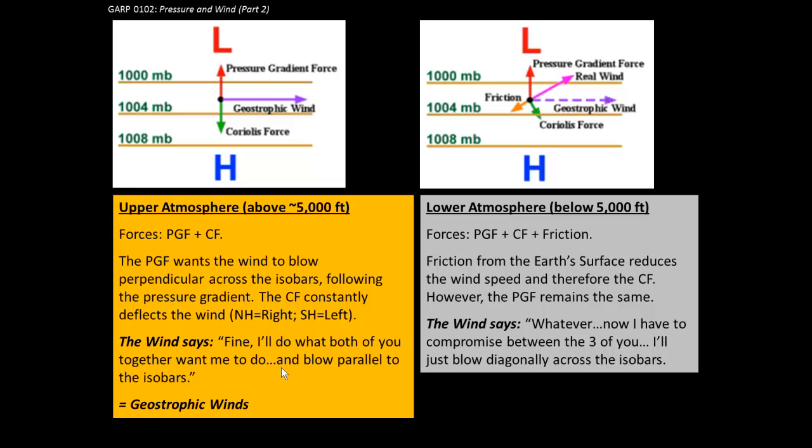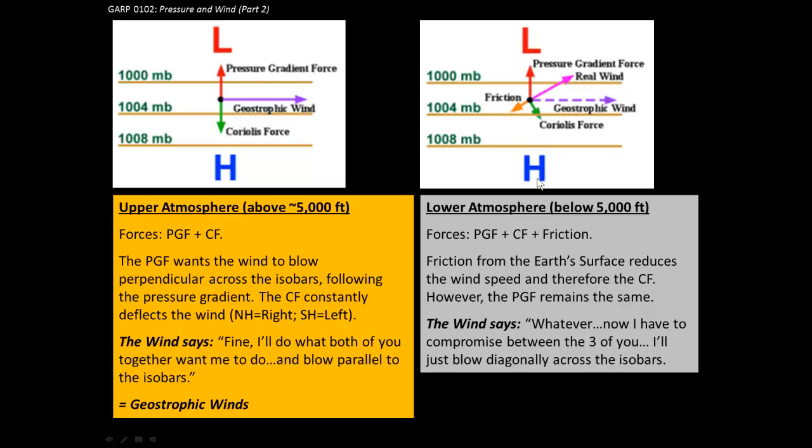In the lower atmosphere, you just have to add one more force, which is the friction force. Then what the wind has to do is compromise between three forces, and the wind can do that simply by blowing across the isobars at an angle. That's basically the laws of physics reduced to two sentences.